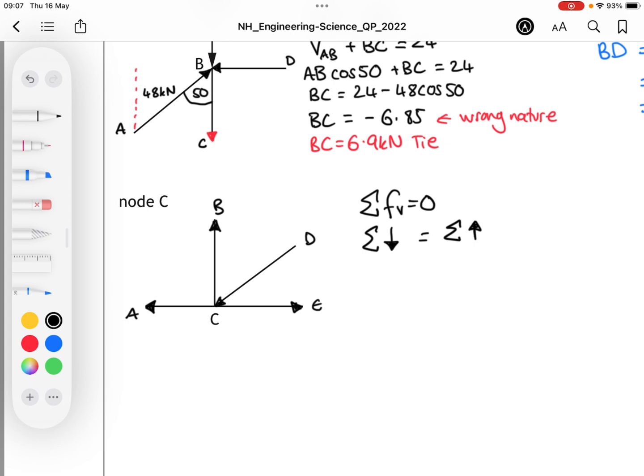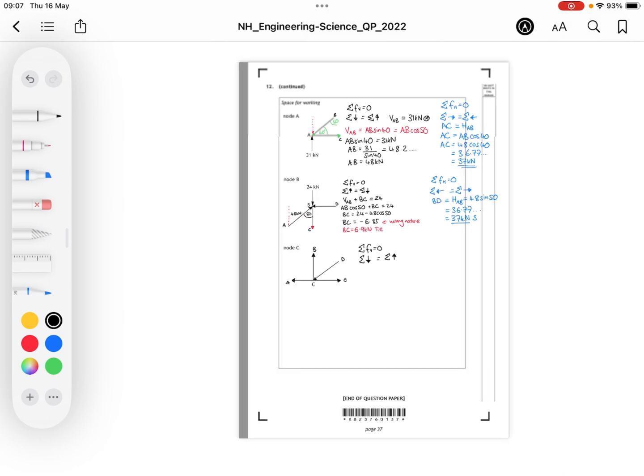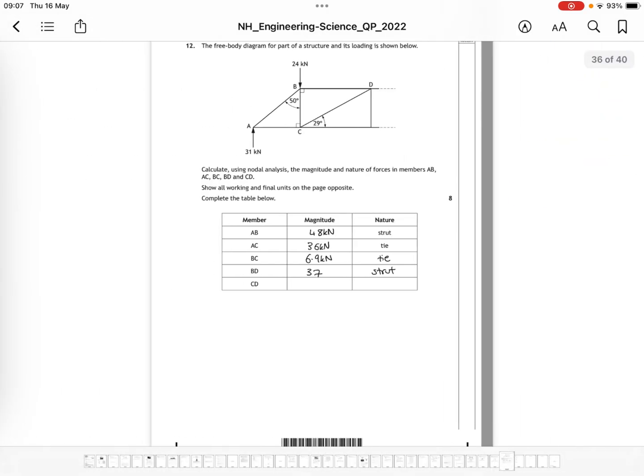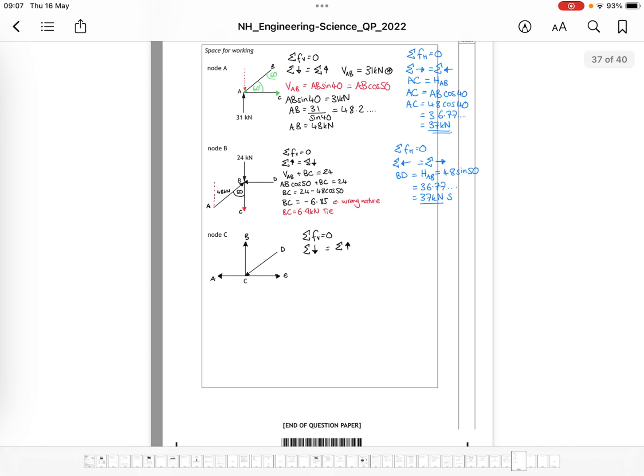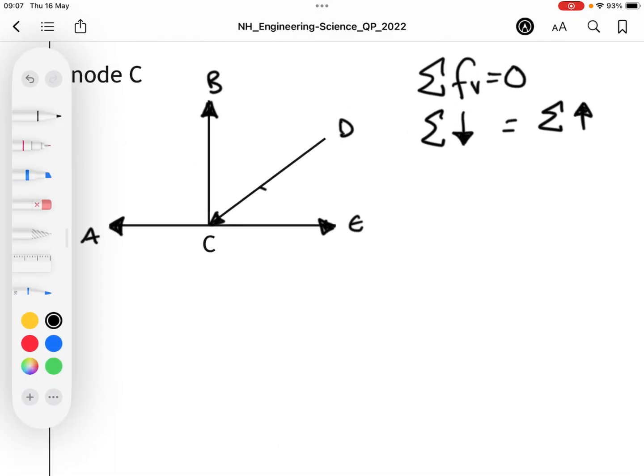Coming down, I need to check my angles. 29 degrees. We've got the vertical component of CD, and we've got all of BC. And the vertical component of DC is this one.